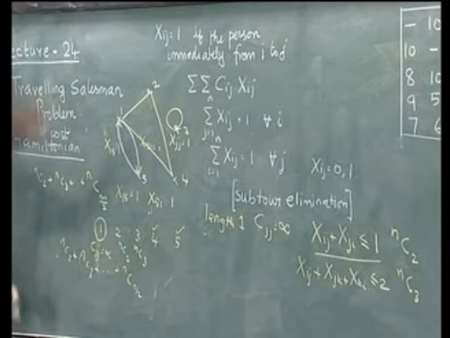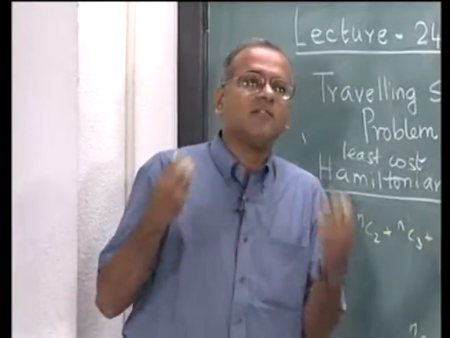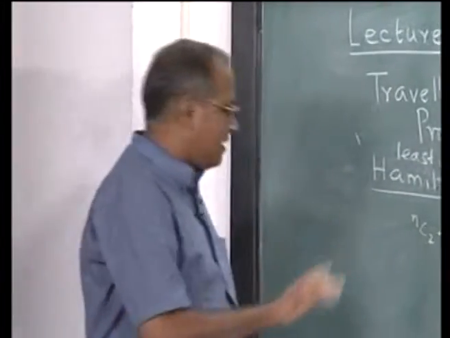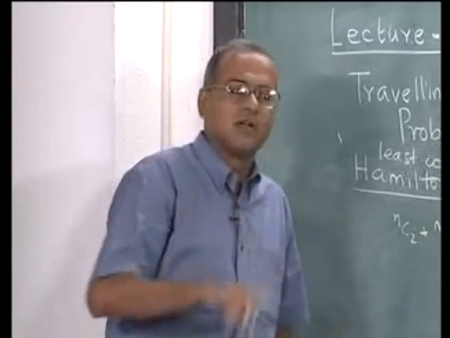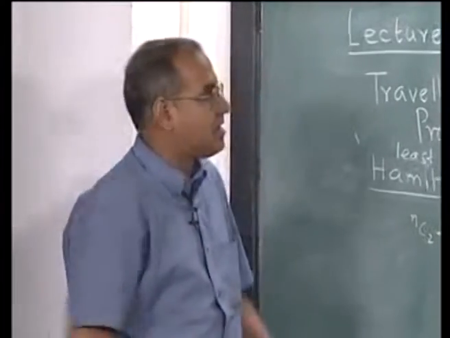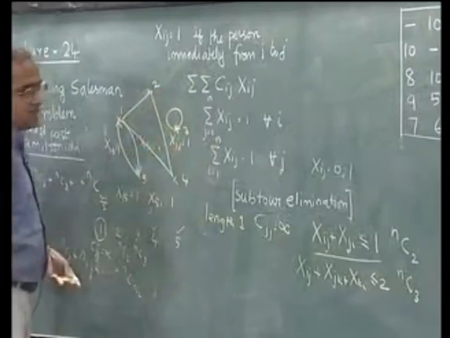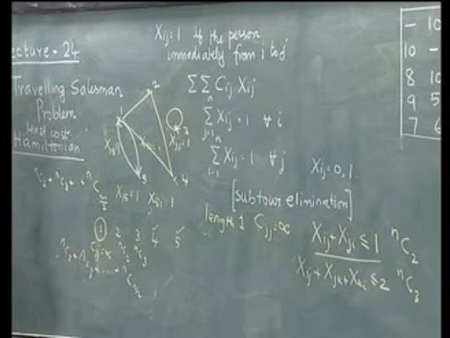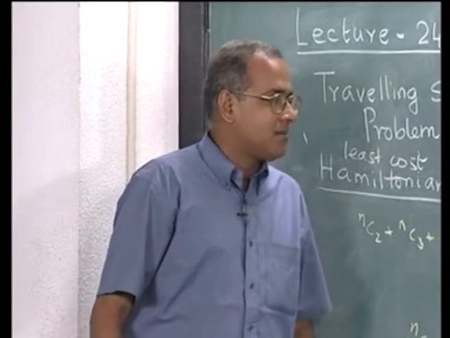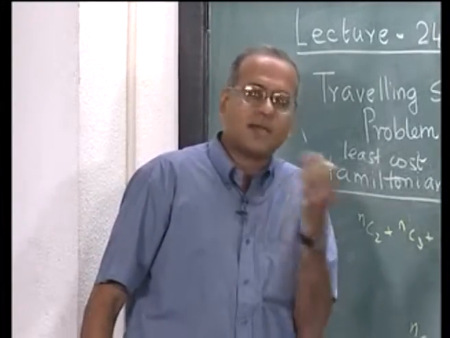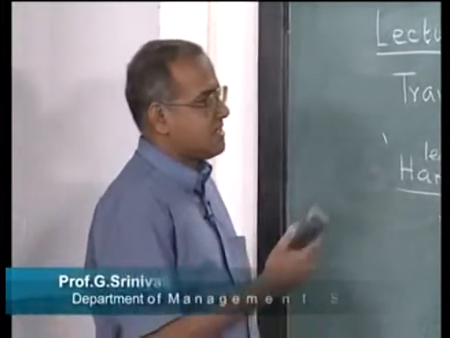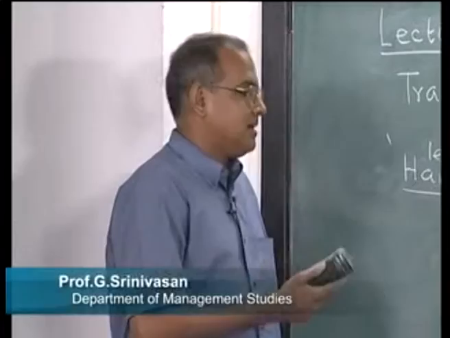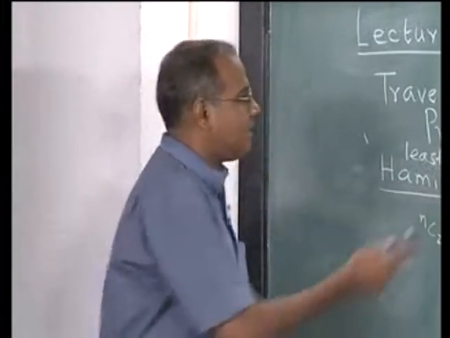Nevertheless, in spite of all our discussion, the number of constraints in the travelling salesman problem is still very large, and usually travelling salesman problems are not solved directly by integer programming by formulating it this way. This is only to understand that the travelling salesman problem represents a class of problems where, in a particular type of formulation, the number of constraints is large, exponential, and increases with increase in the number of nodes.